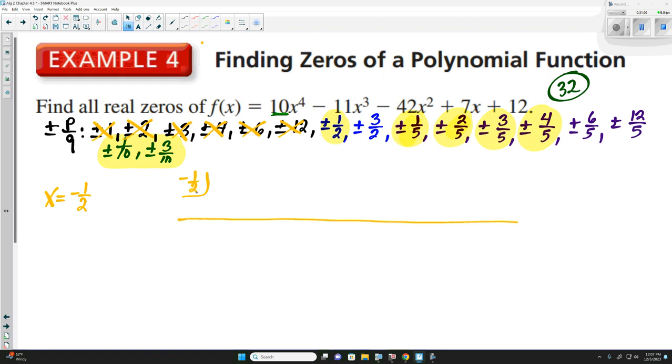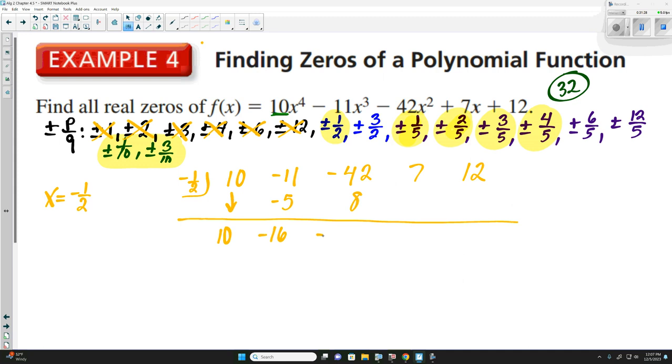And we can go on and do the synthetic division. 10, negative 11, negative 42, 7, 12. We can bring down the 10. Negative 1/2 times 10 is negative 5. Negative 11 plus negative 5 is negative 16. Negative 1/2 times negative 16 is going to be positive 8.